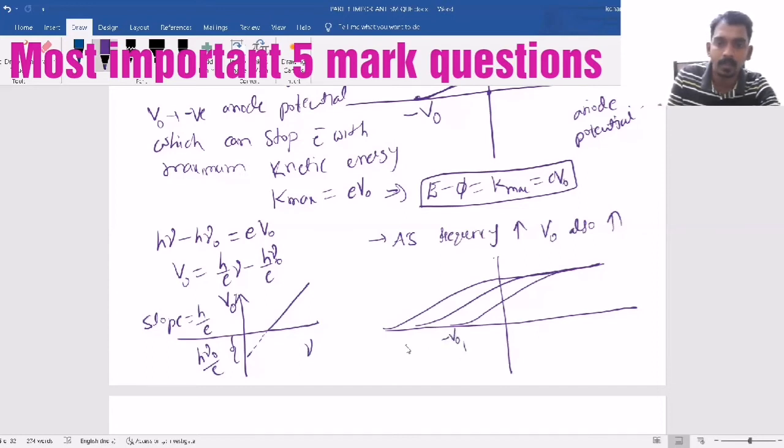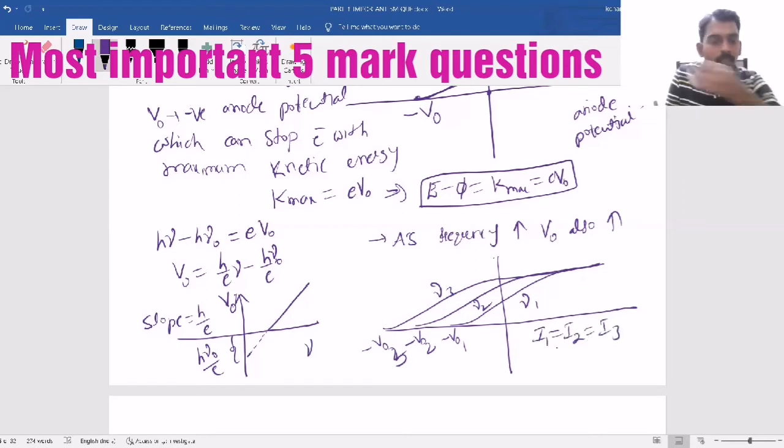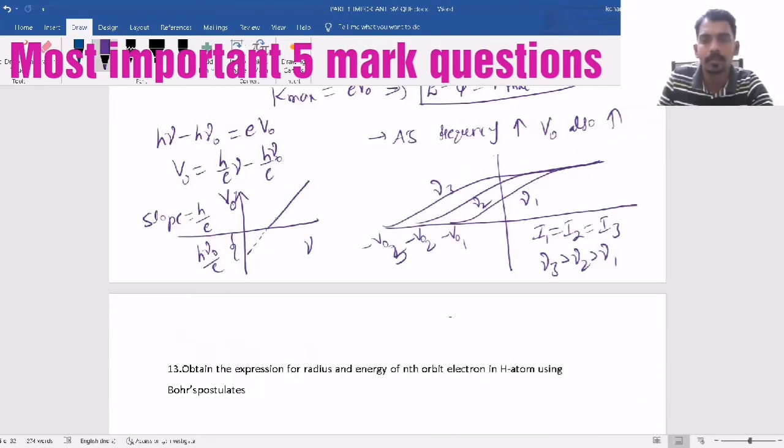So minus V naught 1, minus V naught 2, minus V naught 3, and the corresponding frequencies nu 1, nu 2, nu 3. Saturation current is the same. That means intensities are the same, I1 equals I2 equals I3. But here nu 3 is greater than nu 2 greater than nu 1, because the greater the frequency, the greater the stopping potential.